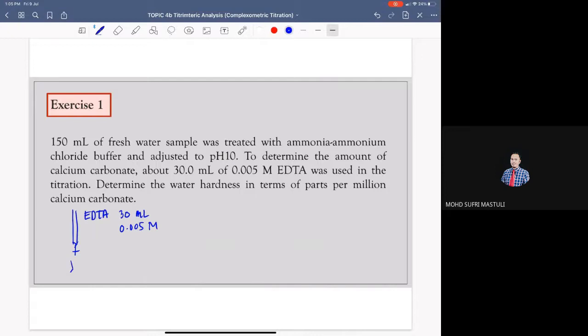So we have fresh water here, about 150 ml. Now we have to determine the amount of calcium carbonate. So the water hardness is calcium carbonate in ppm.